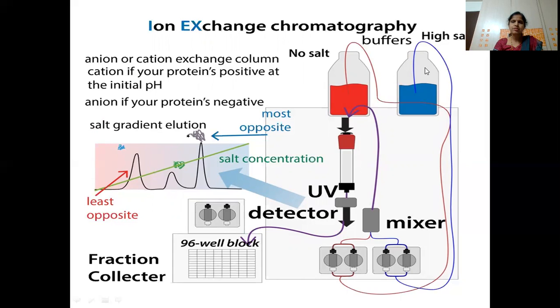Two buffers are used, one without salt and the other with high salt. That is, we are changing the pH or the concentration of the buffers. You can also mix both the buffers, and then it will give rise to another pH. That is being run into the ion exchange column.